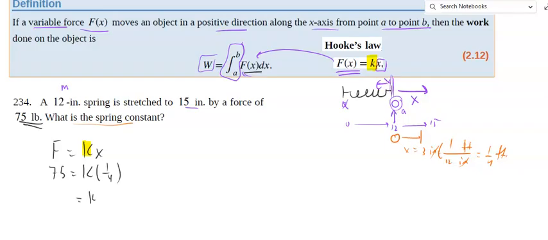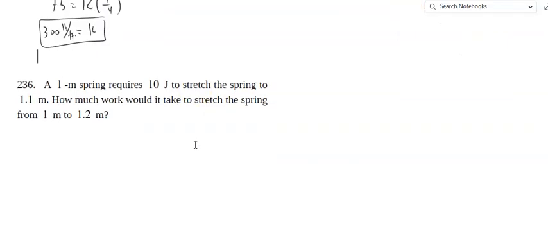And in this case, k would turn out to be 300 pounds per foot. And if you were to leave it as 3, you would divide by 3 and get 25 pounds per inch. And it doesn't matter. It's the same thing. You don't have to match the units in the back of the book. As long as you're consistent, you're fine. Here's another problem.